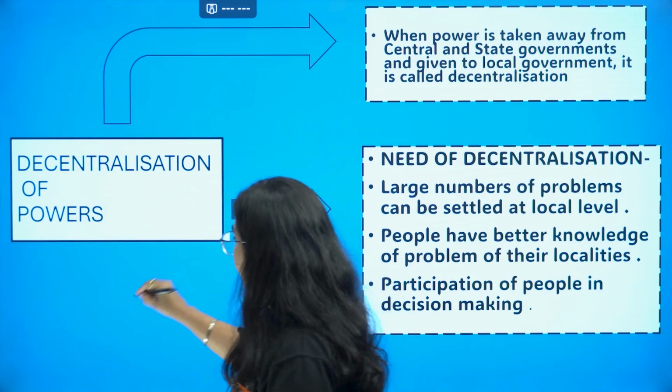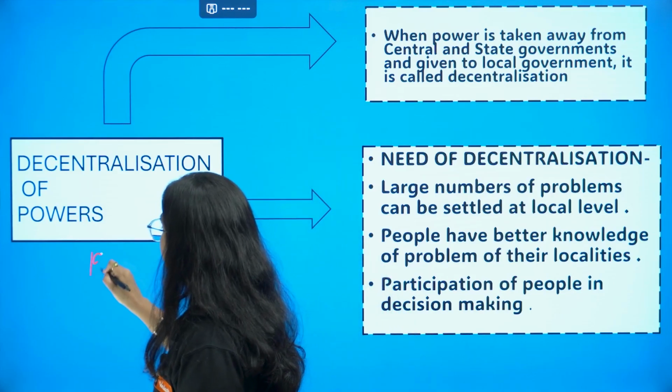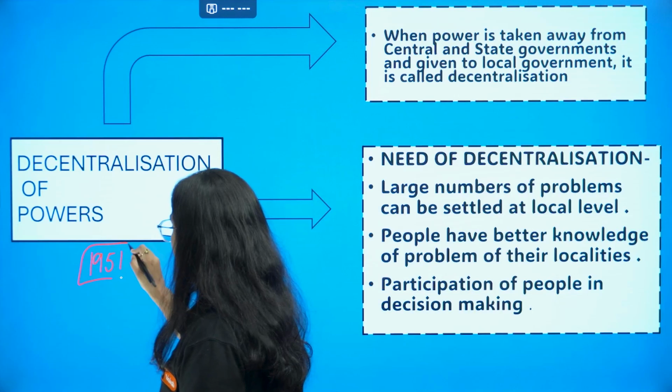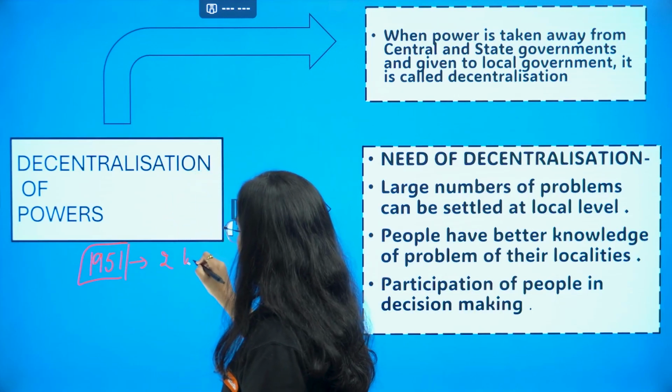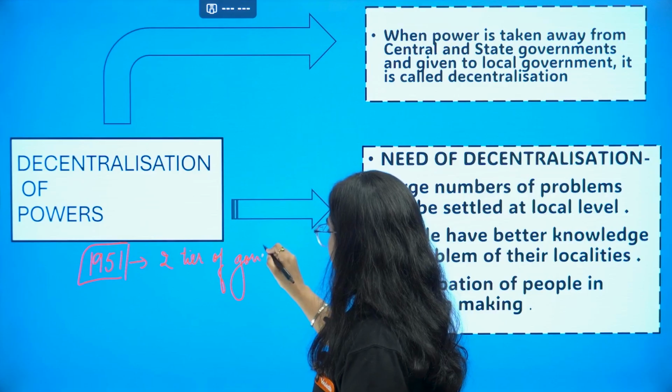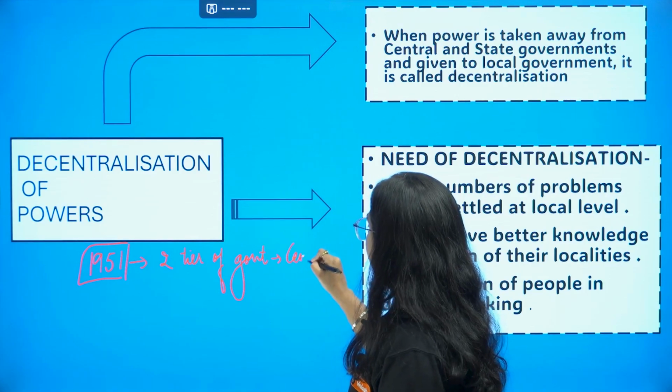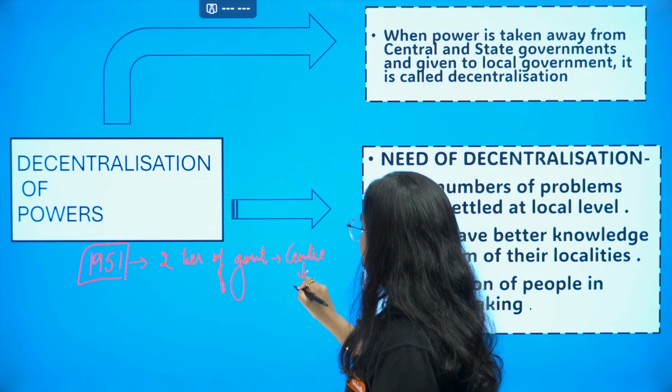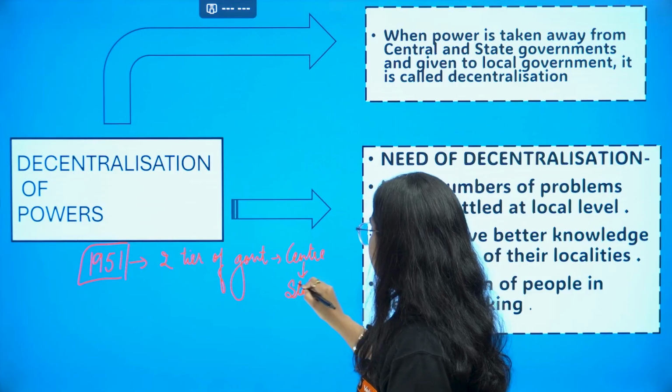But when the Indian Constitution was made, what we adopted was a two-tier government that involved the center as well as the state.